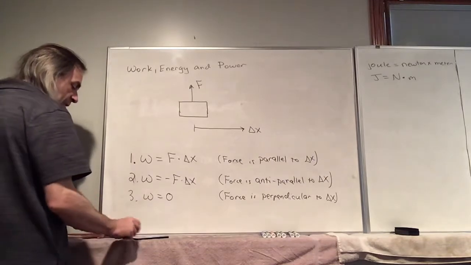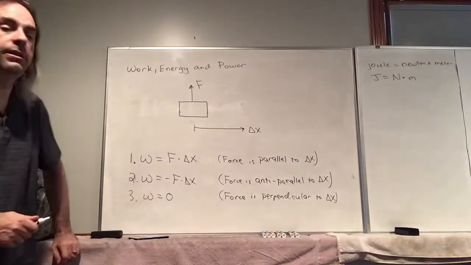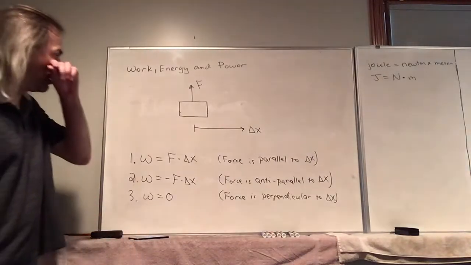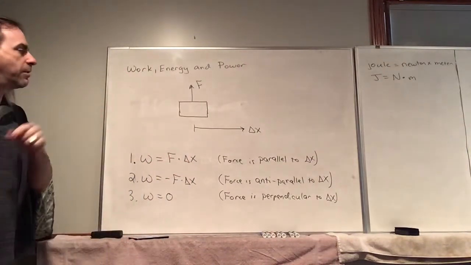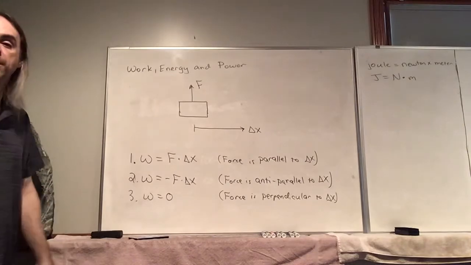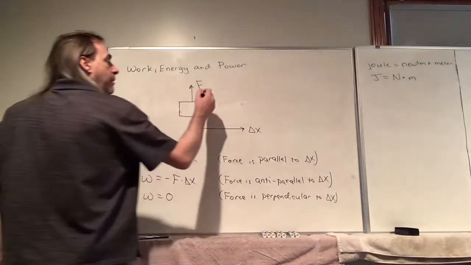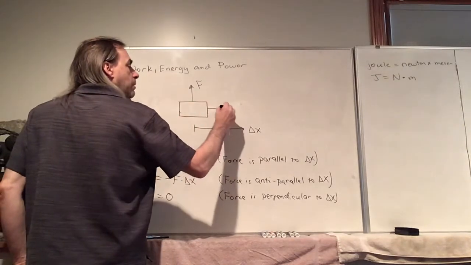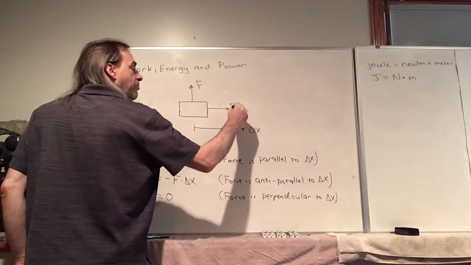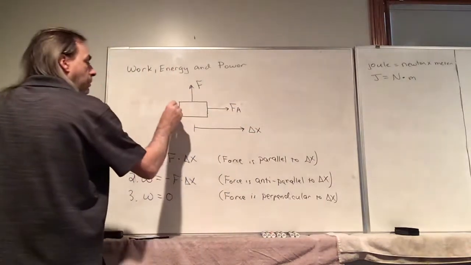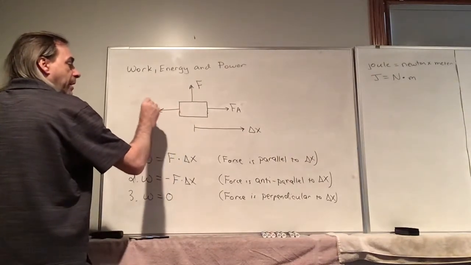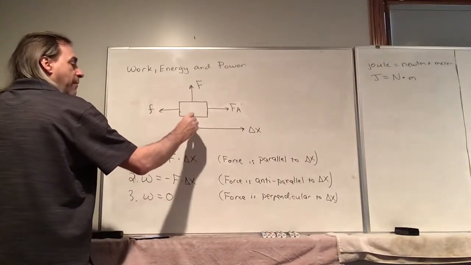Now, what we've been doing here is finding the work done by individual forces. For a practical example, we could have multiple forces acting on this object. Let's say we're pushing this object, so it's going to move in that direction. Maybe there's friction acting on the object. There's gravity acting on it.